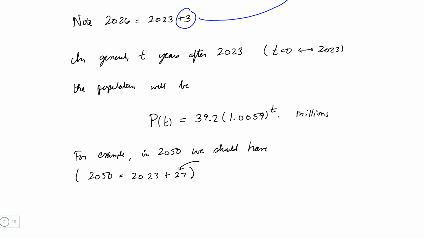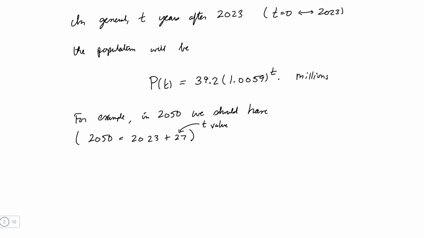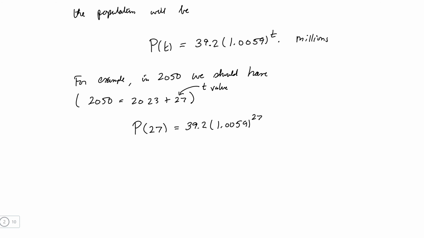So this should be my t value. So I want P of 27, which is 39.2 times 1.0059 to the 27. And this is about 45.95 million.